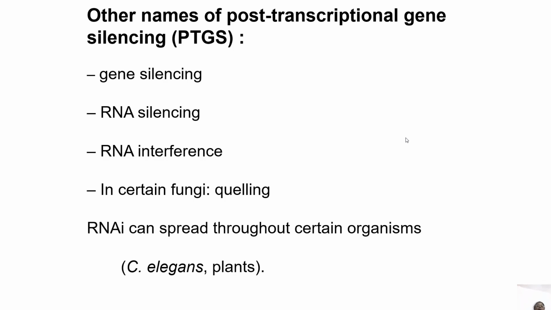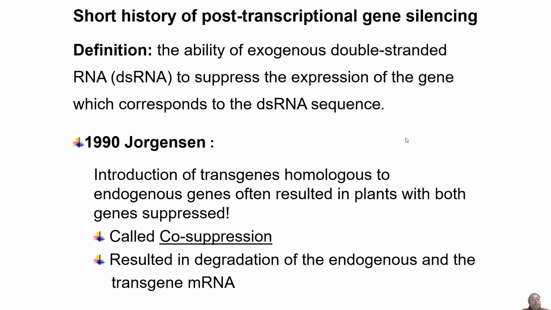Now, what are the other names of post-transcriptional gene silencing? Gene silencing, RNA silencing, RNA interference, and in certain fungi, quelling. So, the ability of exogenous double-stranded RNA to suppress the expression of the gene which corresponds to the dsRNA sequence is called RNA interference.